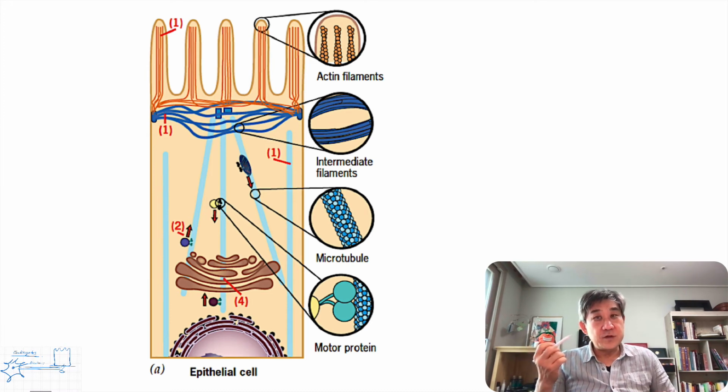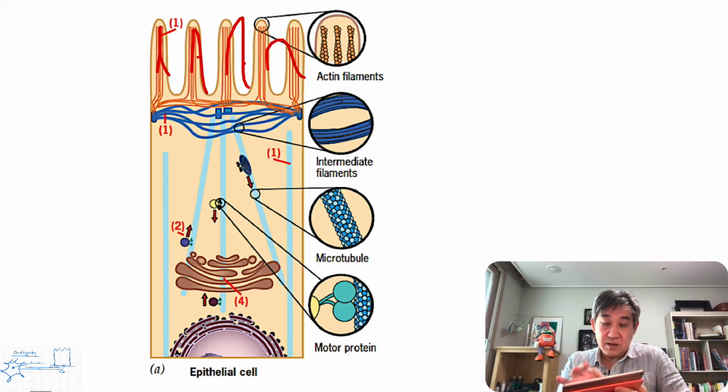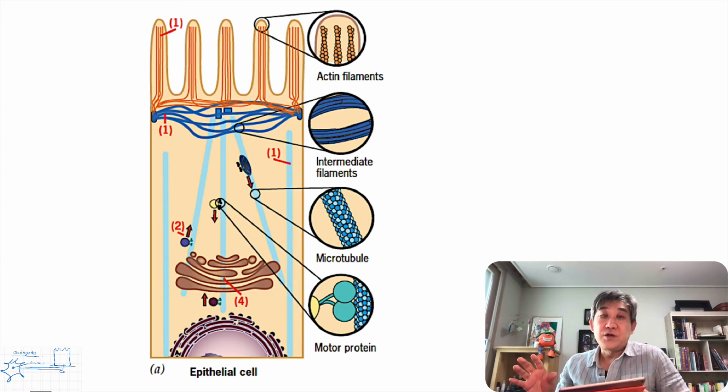So such different functions are summarized in this diagram, which describes such a particular epithelial cell, as I mentioned. This finger-like projection is actually maintained by these red thread-like things, which indicate actin filaments, and this sky blue color represents microtubules, and this dark blue rope-like structure is the intermediate filaments.